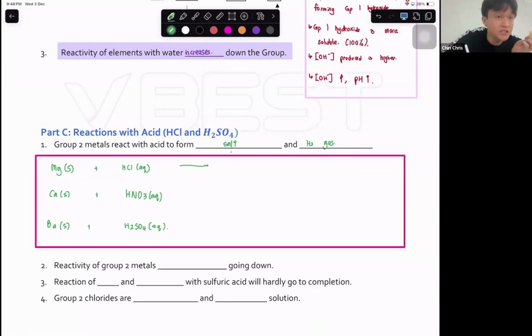Let's go. Mg plus HCl gives MgCl2 and H2 gas, balanced with 2HCl.